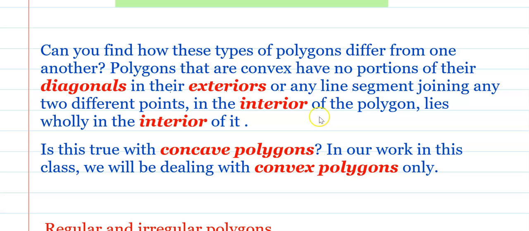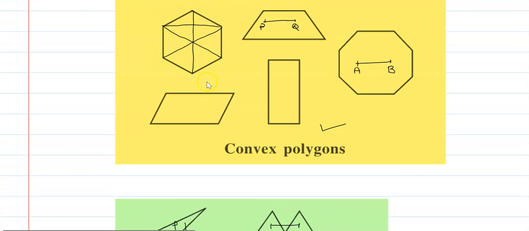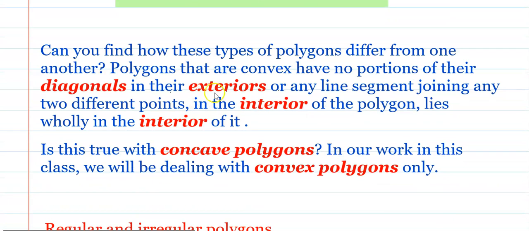If we take any 2 points, the segment lies wholly in the interior of it. The diagonal lies in the interior. If we take any 2 points and all the points between them lie in the interior, therefore these are called convex polygons.